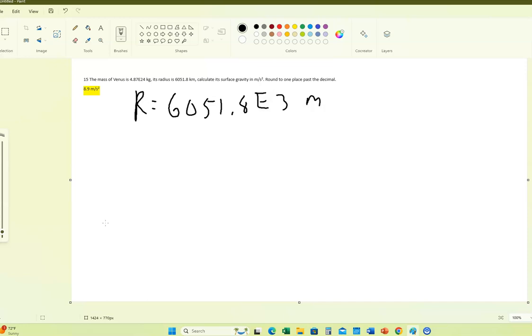All right, so here's my surface gravity equation. A sub g, the acceleration due to gravity, is equal to big G times the mass, and then you divide by the radius squared. And the radius has to be in meters. All right, so let's put the numbers.